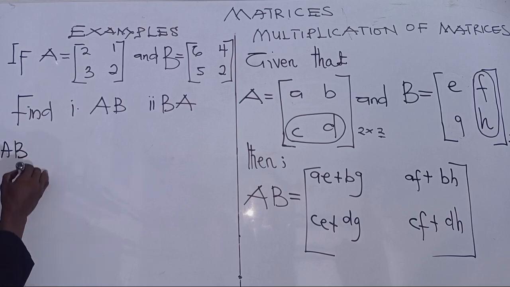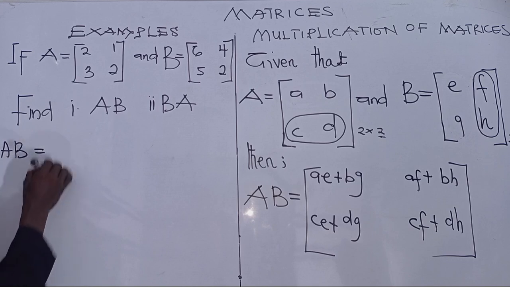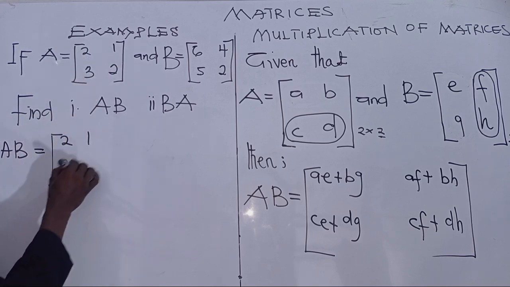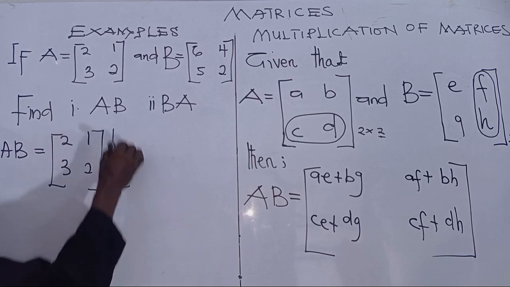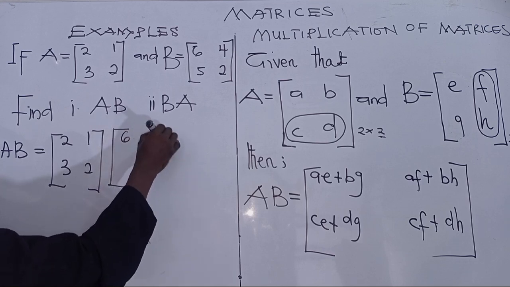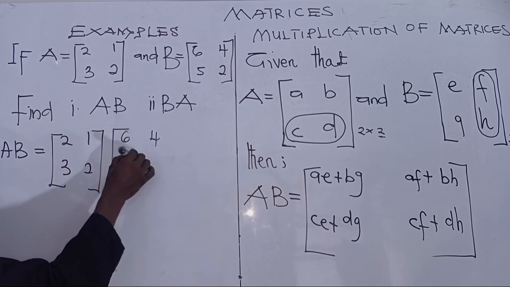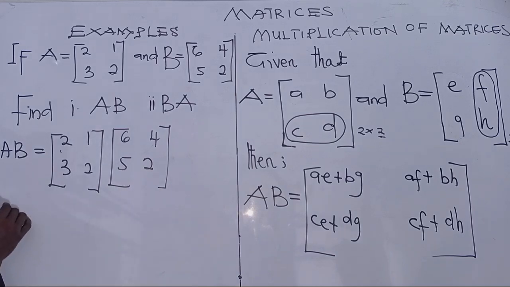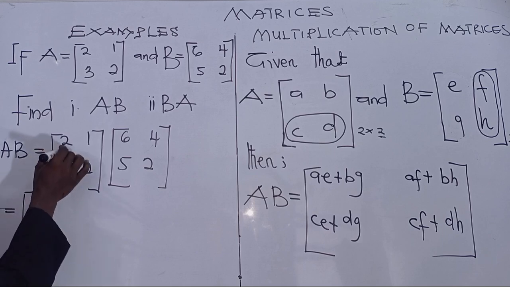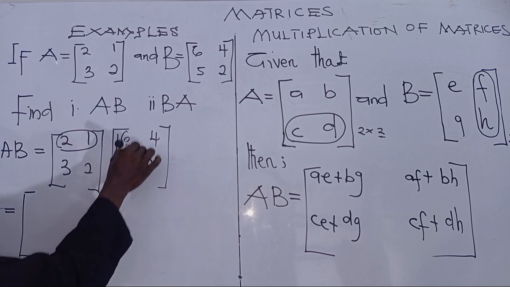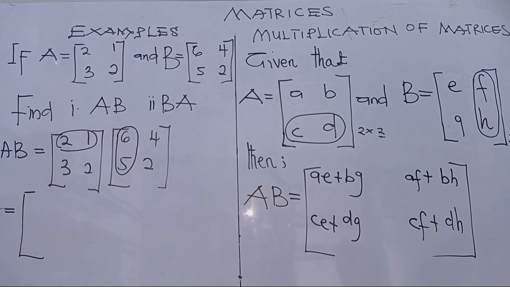AB means matrix A multiplied by matrix B. So matrix A, we have these entries, and then matrix B, we have these entries as well. So we have our equal sign. So we are going to multiply the first row by the first column of the second matrix.